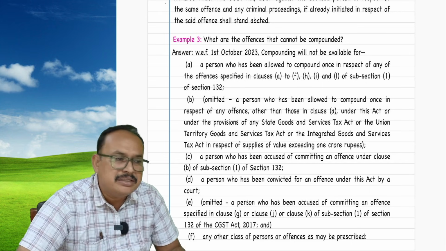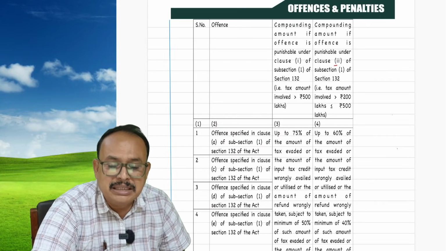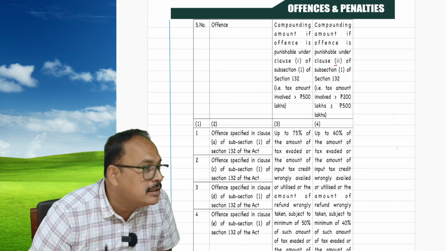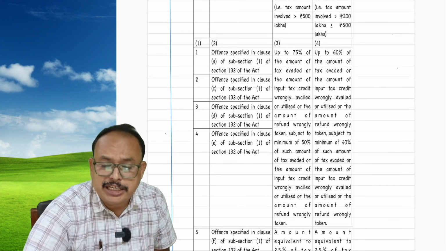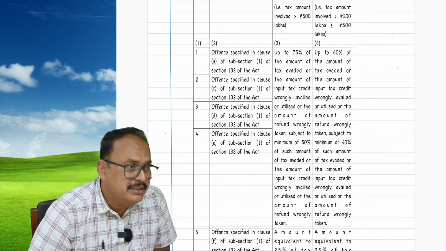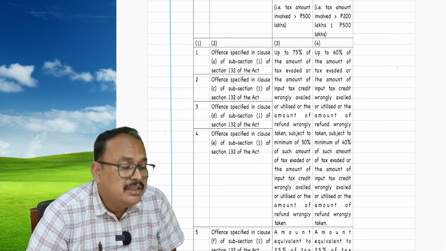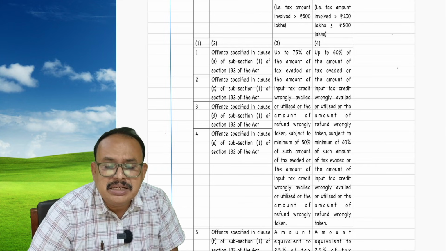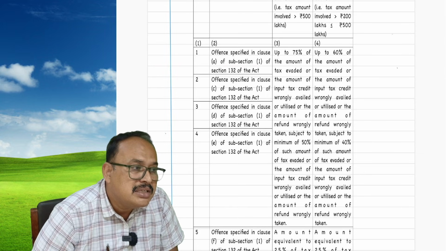In between, they have given some slabs where the offences belong to a category called section 132, subsection 1, clause A, class C, class D, or class E. Any offence other than class A, B, C, and D, where the value is more than 500 lakhs of tax evasion, minimum is 50%, maximum is 75%.